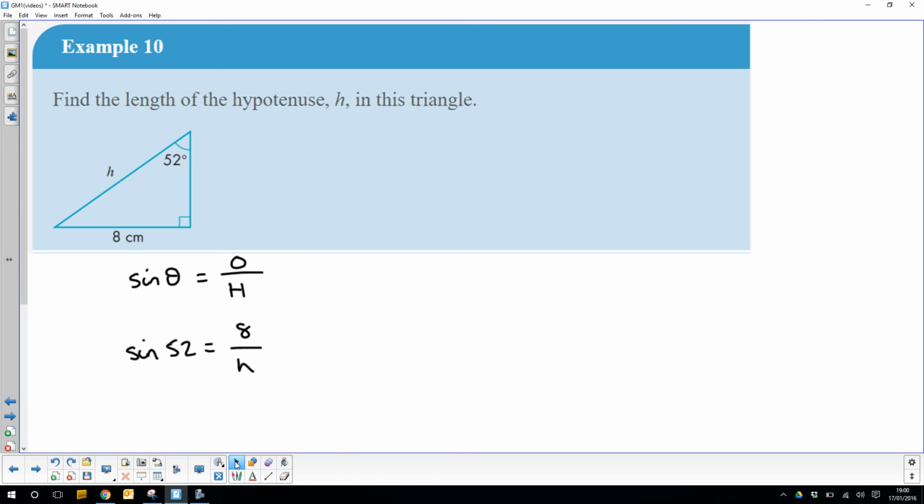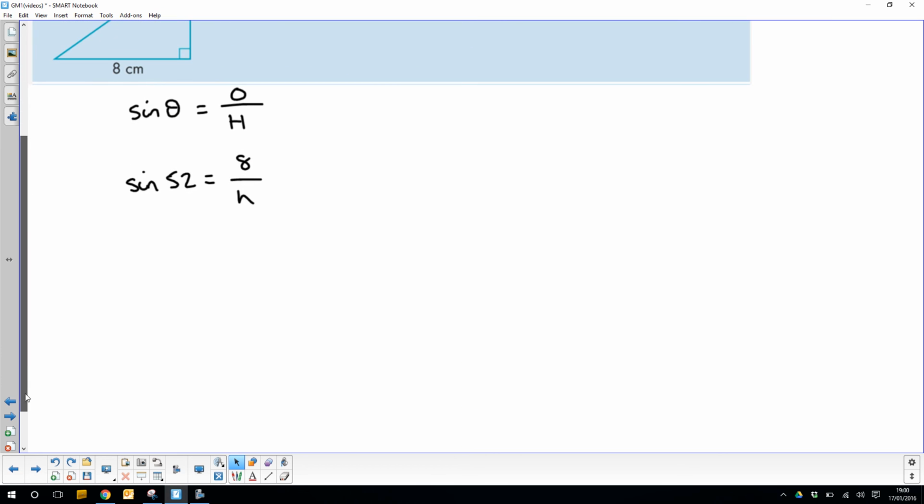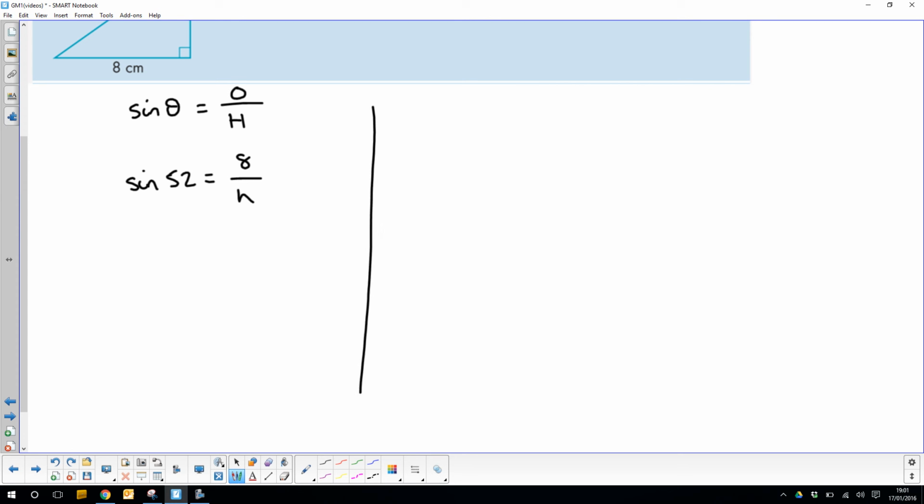So we're now in the same scenario. We just have to work out what h is. Unfortunately, we can't just do it in one step. Remember, firstly, that sine 52 is just a value. If I gave you an equation, 10 equals, say, 50 divided by x, what would you do?